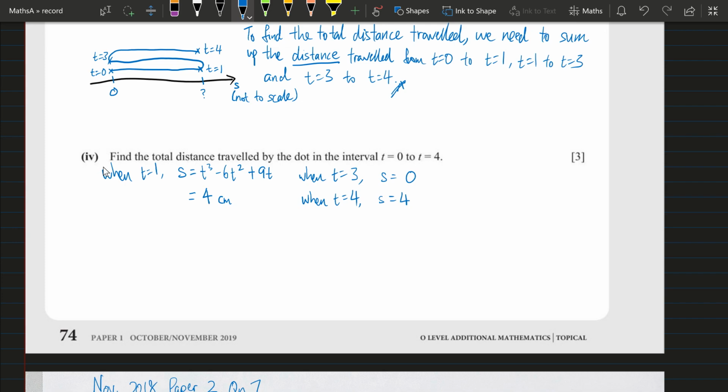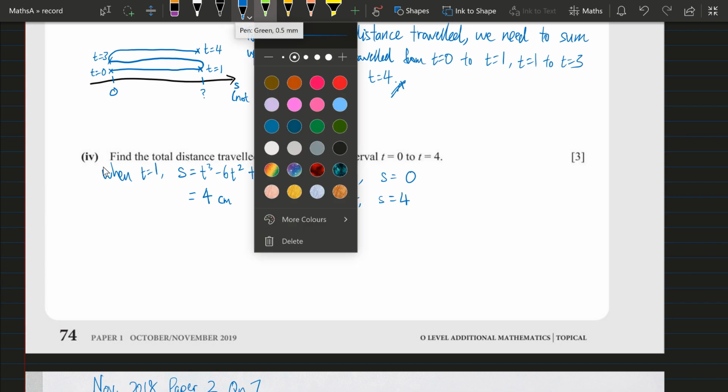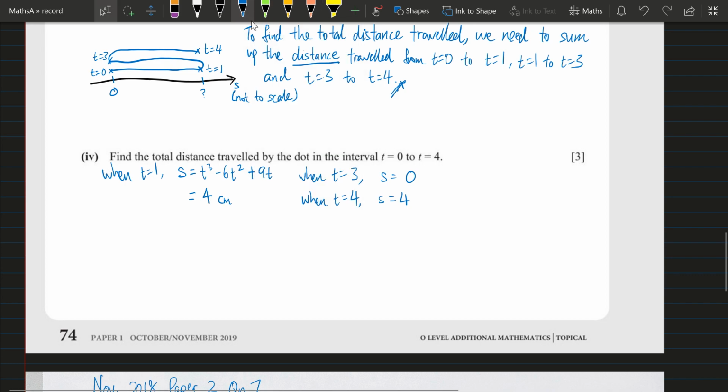So now it should be clear, right? This point here is actually 4. This point here is actually 4.